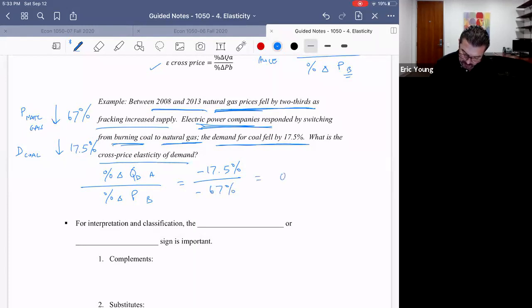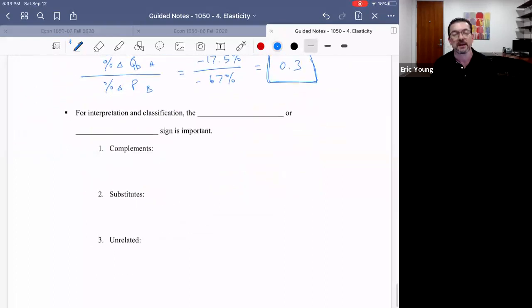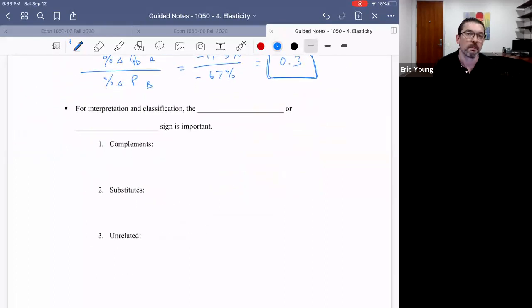And this is going to be equal to 0.3. So given this real data in real energy markets, economists can calculate that the cross-price elasticity of demand in this particular market equals 0.3. What does it all mean?